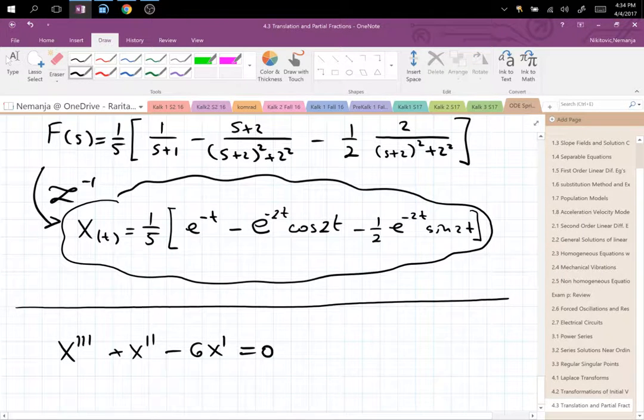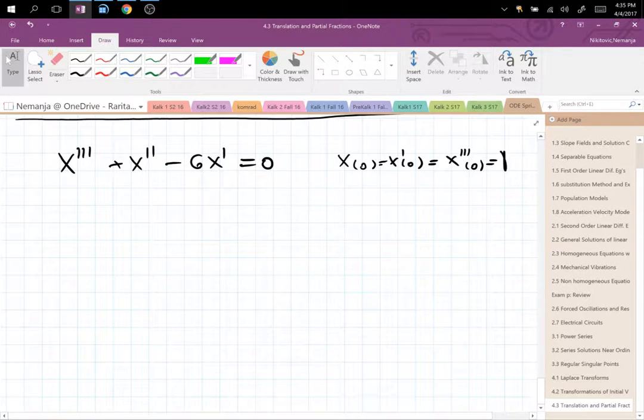This is equal to 0, and then conditions. All conditions are 1. So x of 0 is the same as x prime of 0 is the same as x double prime at 0, which is equal to 1. Right. Have fun. We might have different definitions of fun, but have fun.